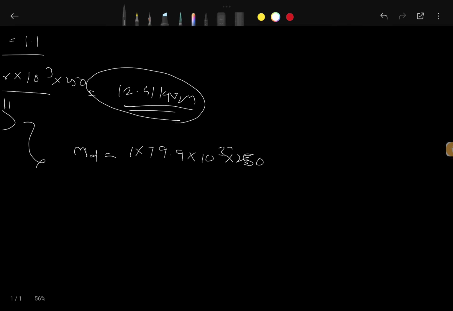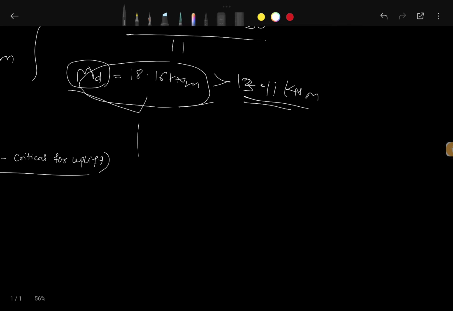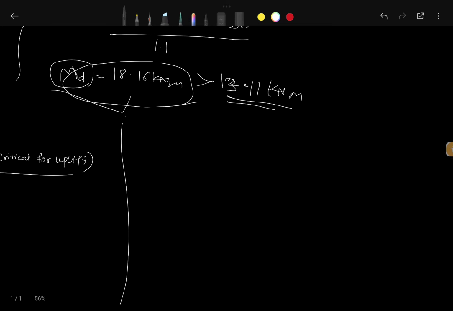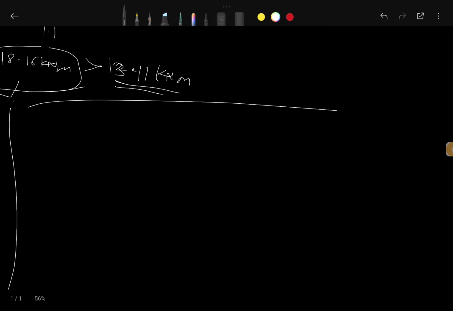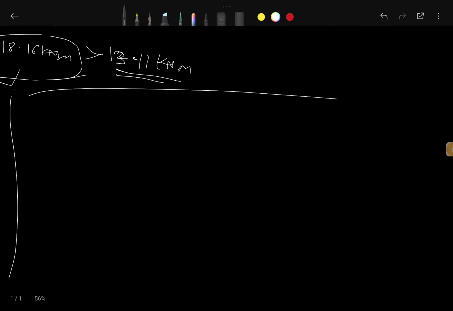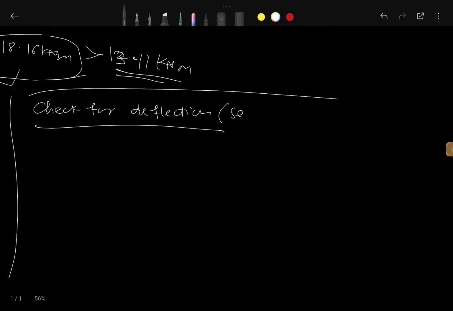Now the second point is check for deflection. If you want to check for deflection, that is nothing but check serviceability.